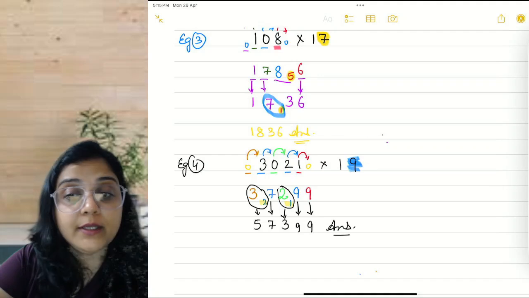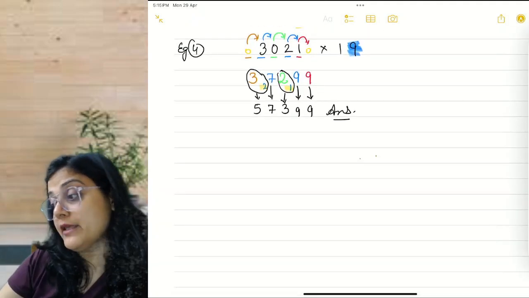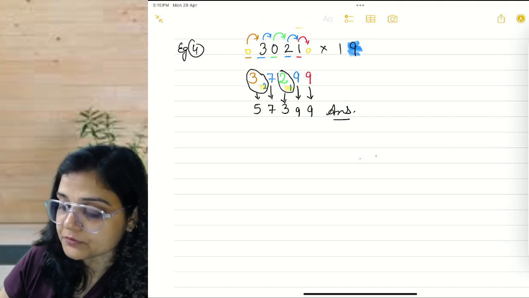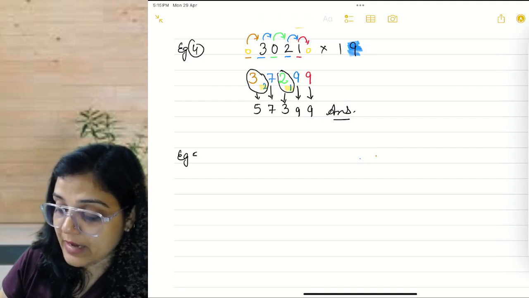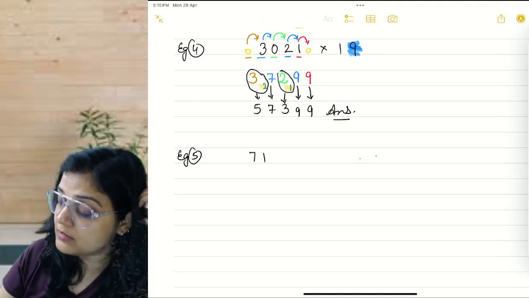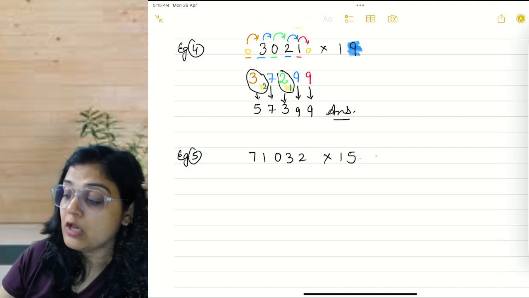Last example for the day. And then this is your job to do all the examples, all the questions that are given in the worksheet. So example number 5. Suppose I have 71032 multiplied by 15.